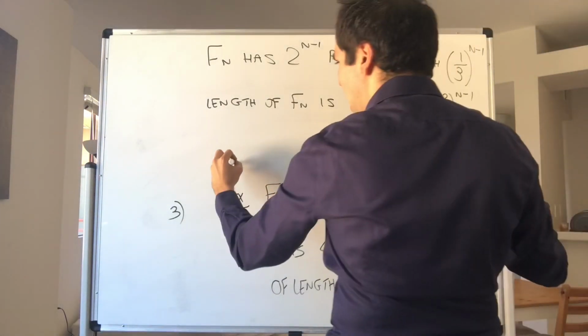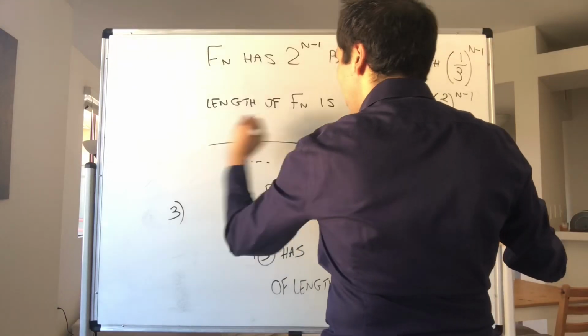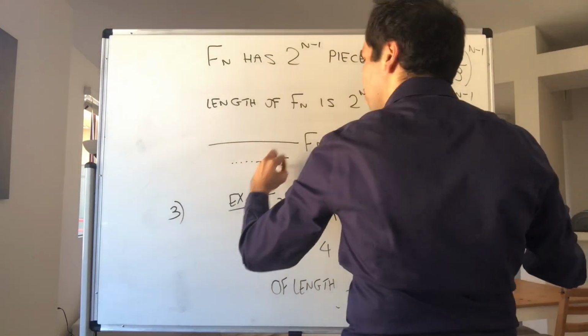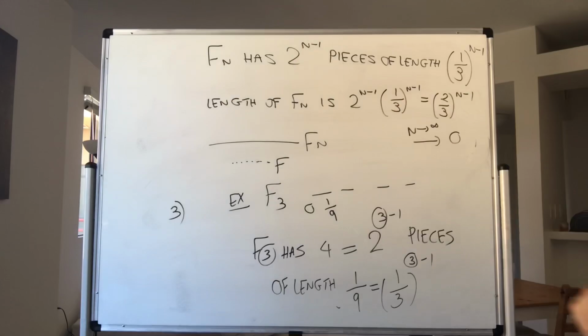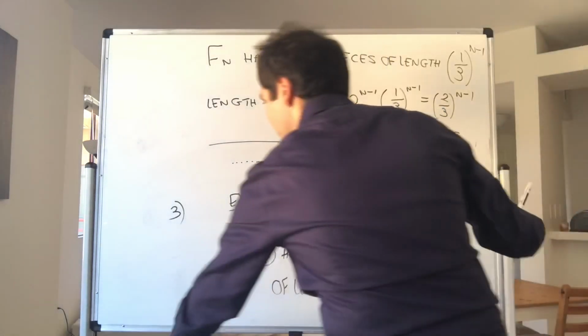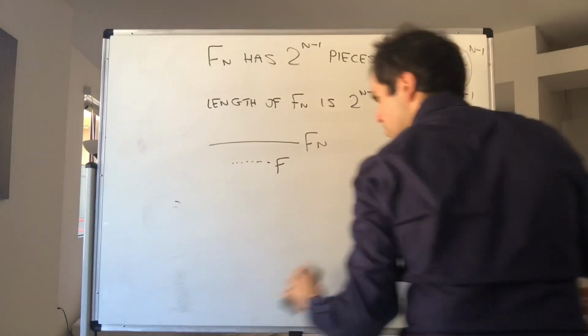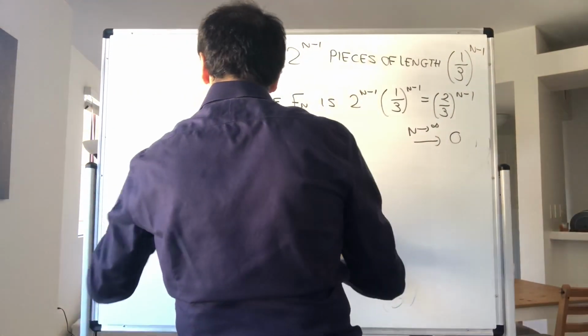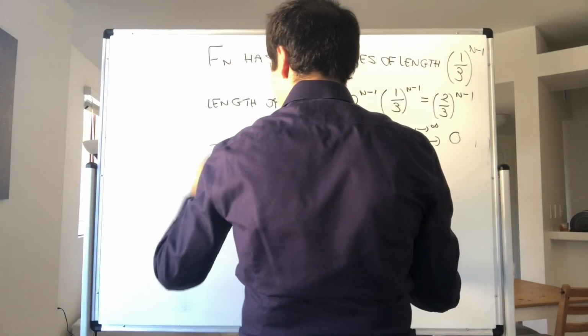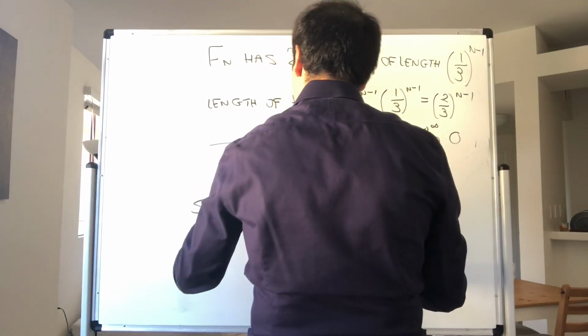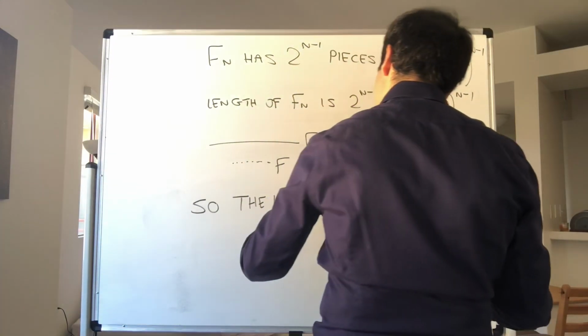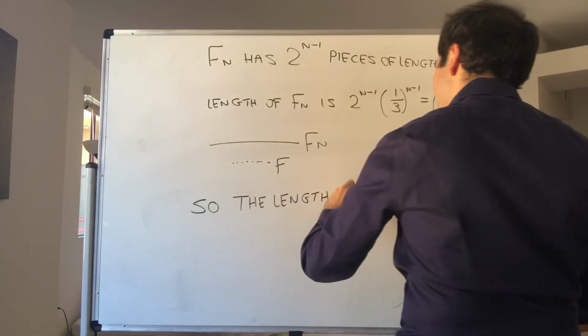So what is the length of F? Well, it's smaller than the length of any of the Fn's, so the length of F is actually 0. So the size, or the length, it's what's called the measure of F, is 0.